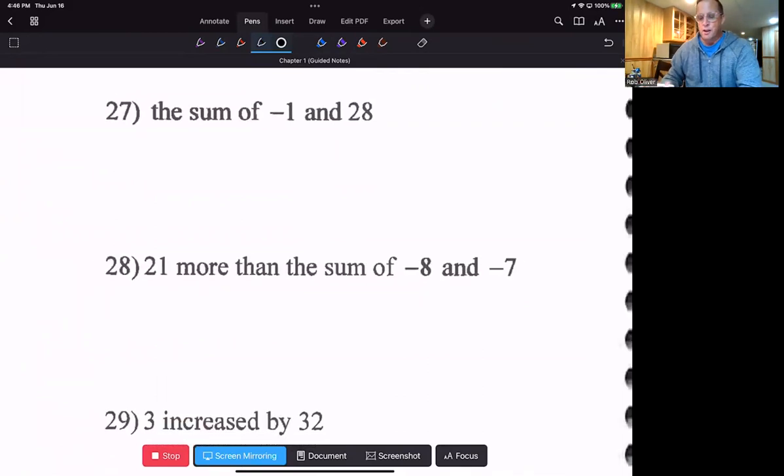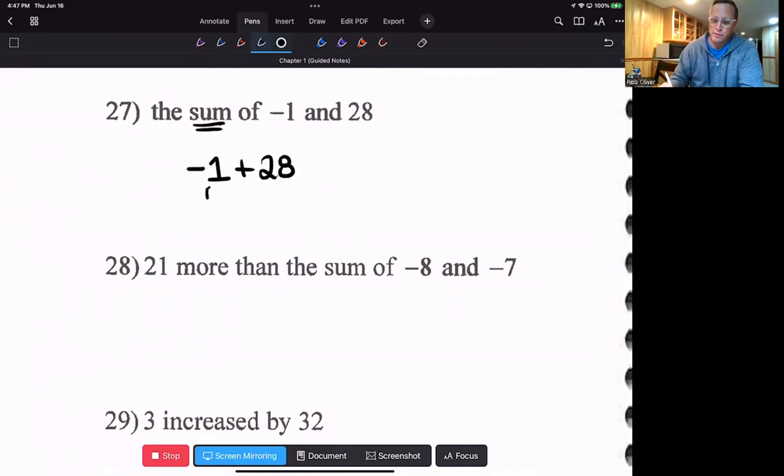For number 27, we've got the sum of -1 and 28. Sum is a word that's telling you to add, so we're going to do -1 plus 28. When you really think about this, no adding is taking place. It's actually a difference problem because they have different signs.